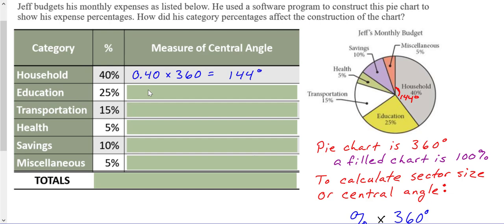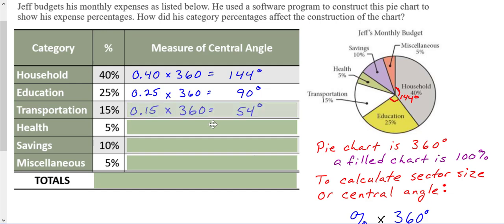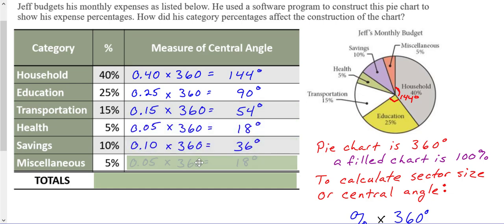Education is 25% of the budget, so we would take that 25% in decimal form and multiply it times 360, and that would actually be 90 degrees. And we know if we use a square, that represents 90 degrees. We would just continue to do the same process for each and every category.